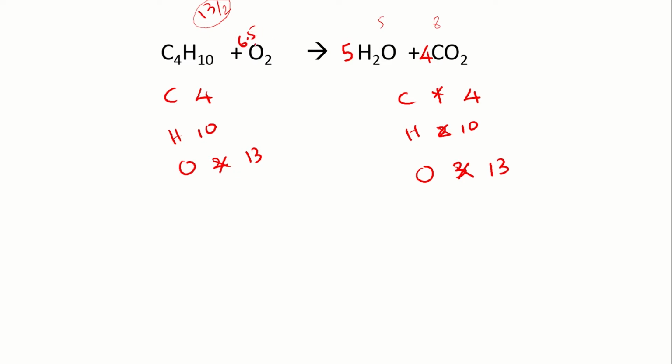So what you can do is multiply the whole equation by a suitable coefficient to bring everything to the smallest whole number ratio. You can start by multiplying by 2. So multiply this coefficient. You don't see anything, that means you have 1. So multiply 1 by 2, you get 2 C4H10 molecules.